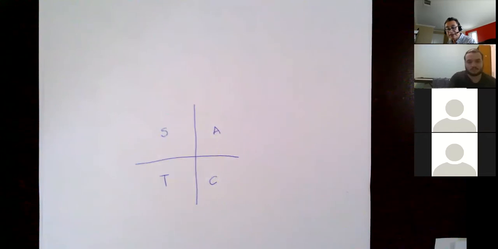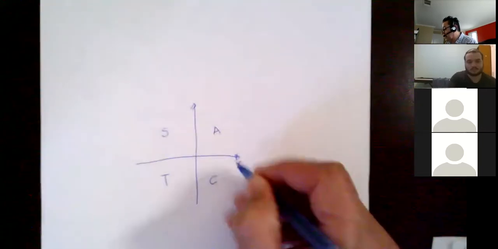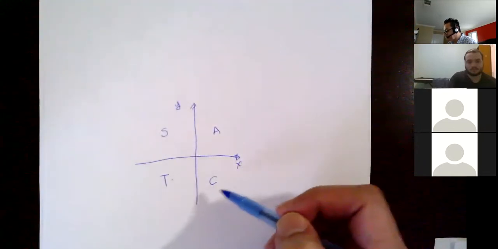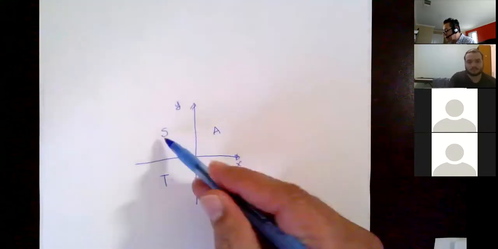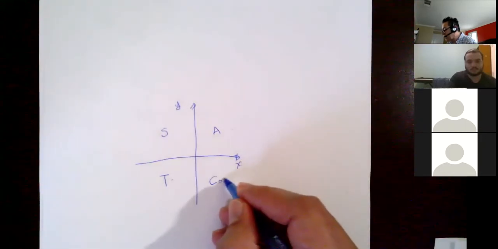Again, this is to determine the signs of the trig functions, you guys. This is X and Y, quadrant 1, 2, 3, and 4. I use CAST. What is that? Well, C stands for cosine.